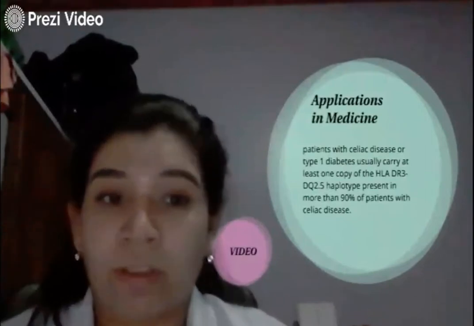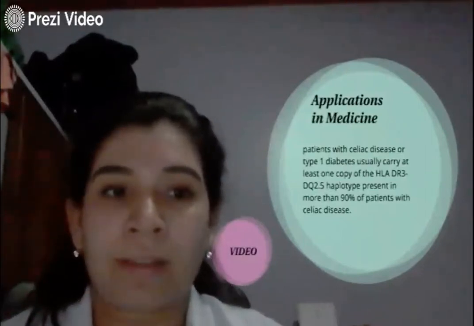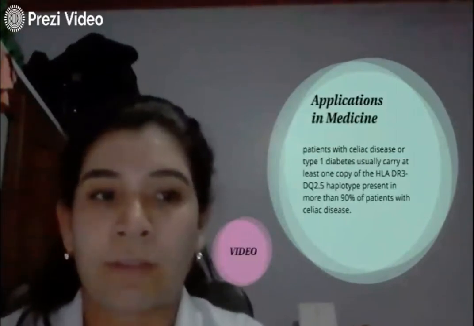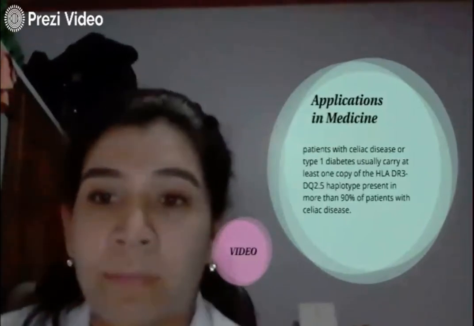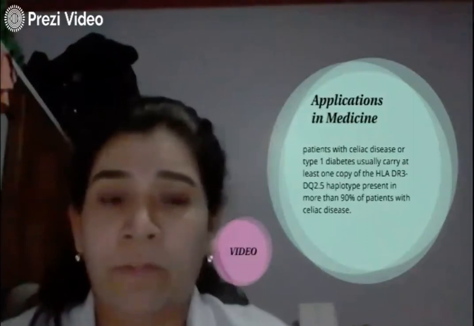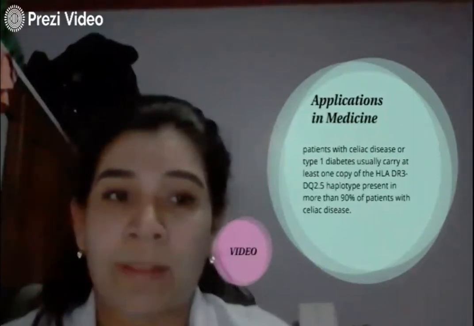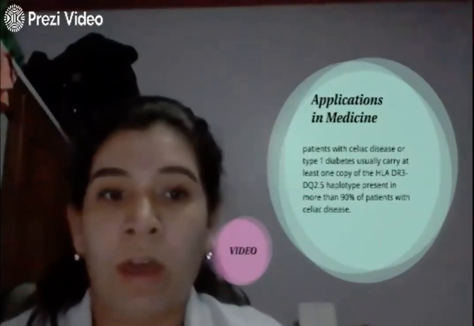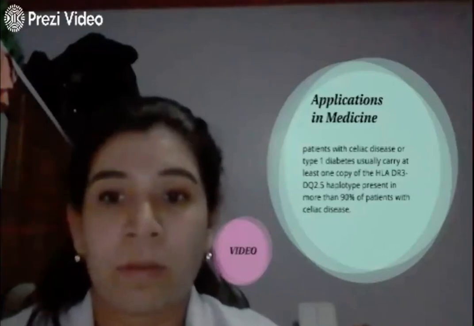The rest of the patients with this disease carry the HLA DQ8 haplotypes. The risk of celiac disease differs between these two haplotypes, with the presence of DQ2 having a higher risk.